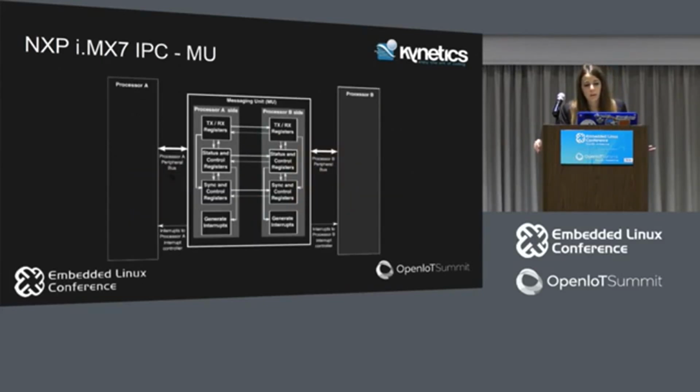This is the hardware component on the IMX7 processor that enables passing messages between the cores. So we basically have a set of registers and interrupts. We have two sets of matching registers, one on each side. And we need two because the two processors can work at different clock speeds.